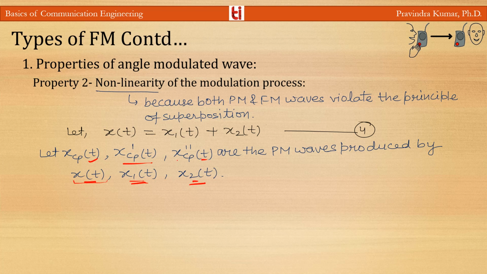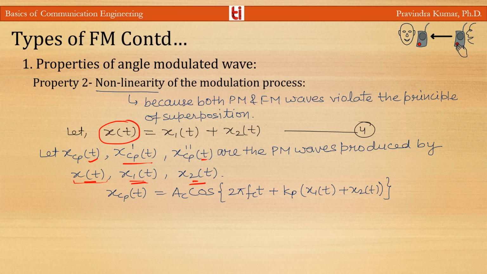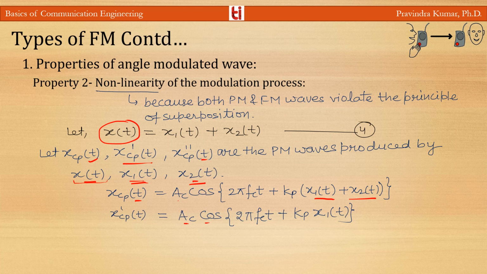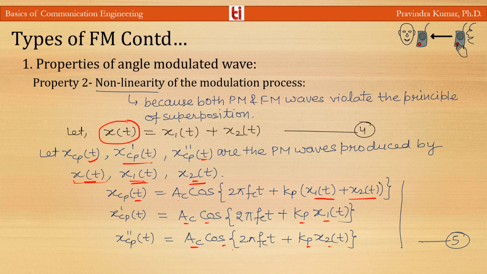So the PM wave produced by x(t) can be represented as xcp(t) = Ac cos(2π fc t + Kp x(t)), but x(t) equals x1(t) plus x2(t), so I can write Kp(x1(t) + x2(t)). The PM wave produced by x1(t) is xcp1(t) = Ac cos(2π fc t + Kp x1(t)), and the PM wave produced by x2(t) is xcp2(t) = Ac cos(2π fc t + Kp x2(t)).